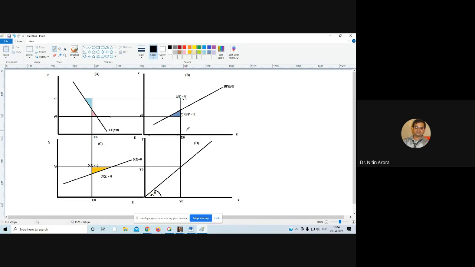I'm once again repeating that the income level is remaining the same, the exchange rate is remaining the same, so the BP curve is remaining the same, and obviously the current account situation is remaining the same.